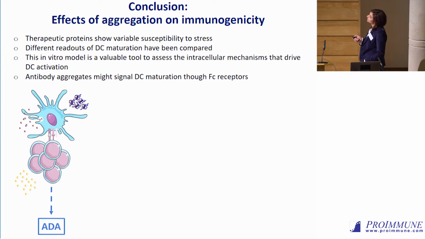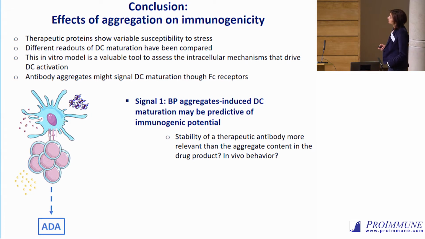And also with a study with antibodies, we were able to show that this signal may recruit Fc receptors with the recruitment of intracellular SYK. So as a conclusion, there is one signal, signal one, that is the impact of aggregates on DC maturation that can be predictive of immunogenic potential.